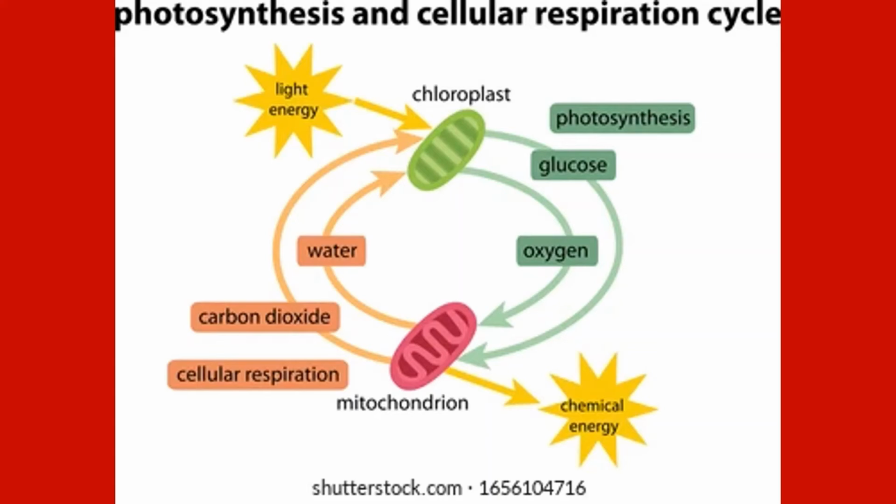You again have glucose and oxygen going into or coming out, going into a mitochondria or coming out of the chloroplast, and then the water and carbon dioxide that comes out of the mitochondria can also go into a chloroplast. And then chemical energy, again, that's the ATP that's broken to get the energy, and light energy is the sun.